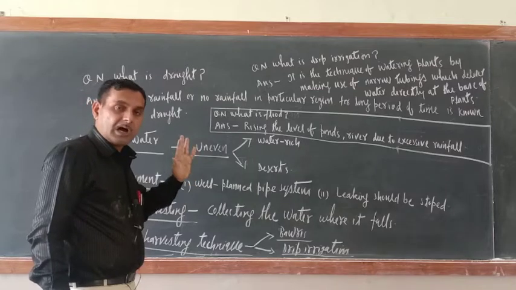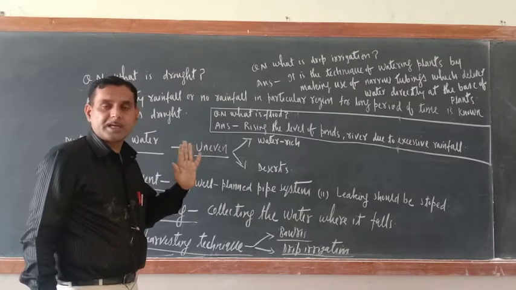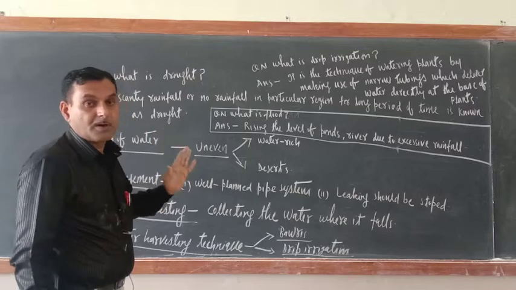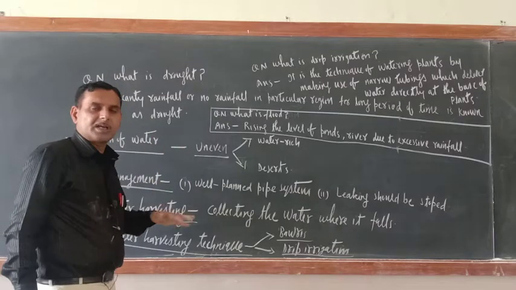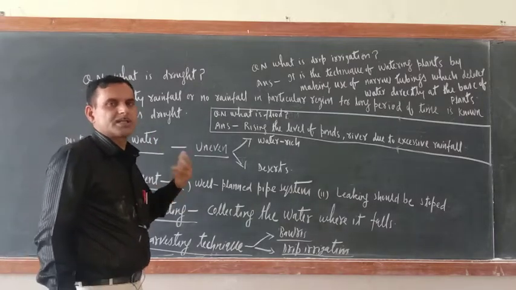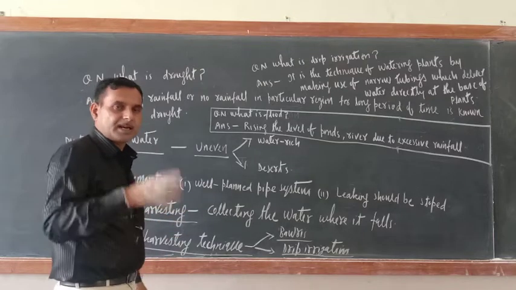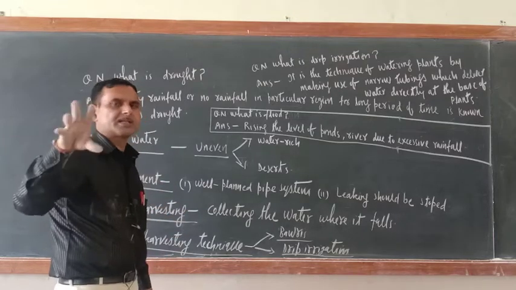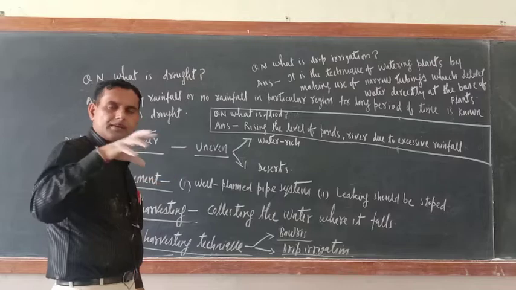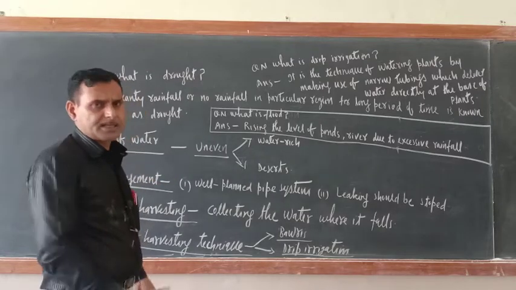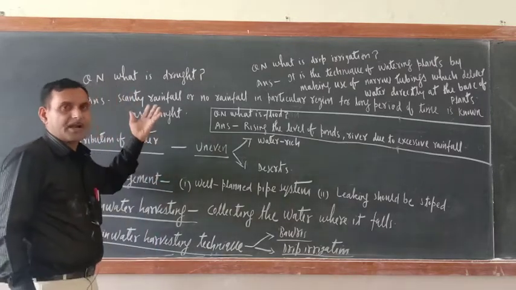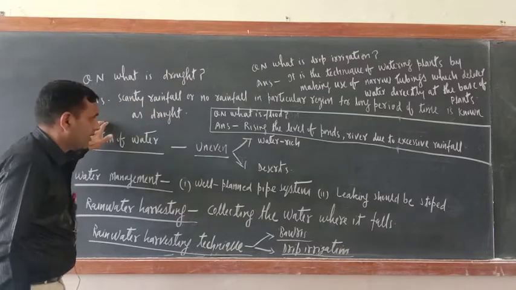So drought is harmful for society. Drought is not good for the nation. Nowadays there are so many technologies, like rainwater harvesting, borewells and some other techniques, by which we can avoid the drought-like situation.